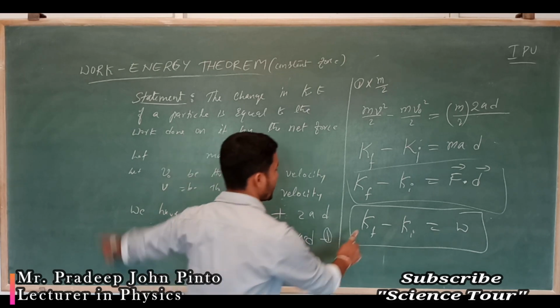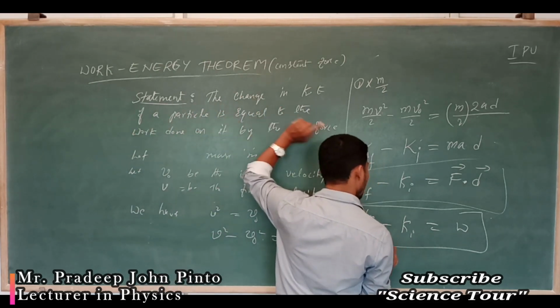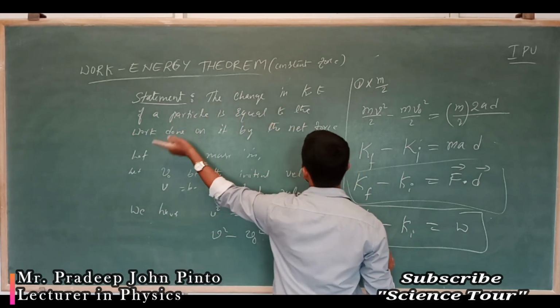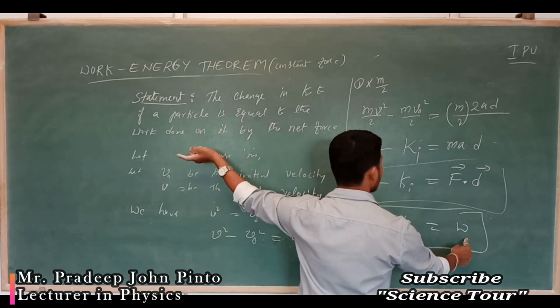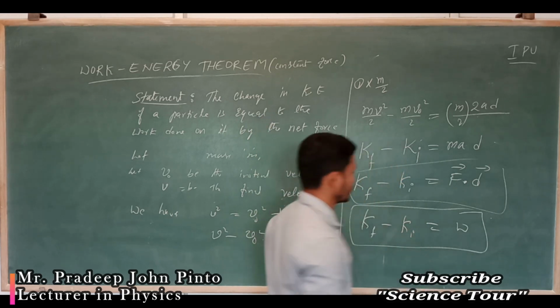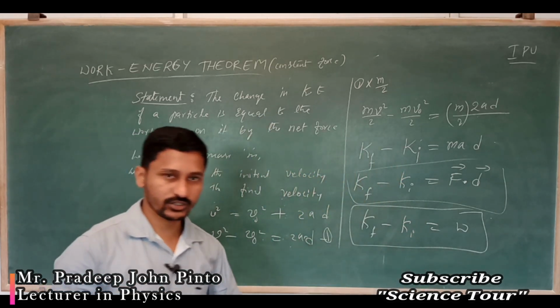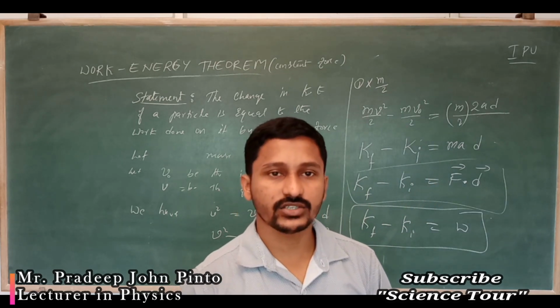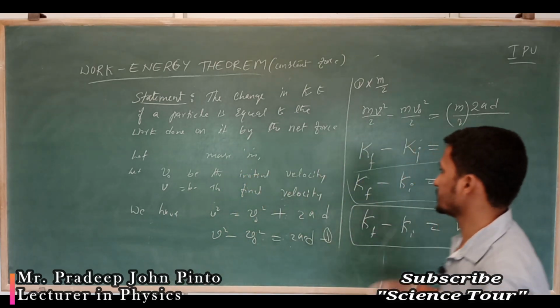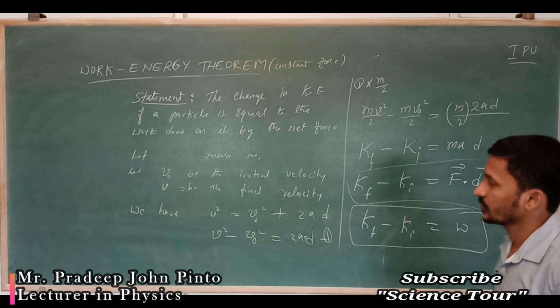So the change in kinetic energy of a particle is equal to the work done on it by the net force. That is the derivation. For 3 marks they are going to ask this. So this is the work energy theorem for the constant force, and this is the derivation you have to do.